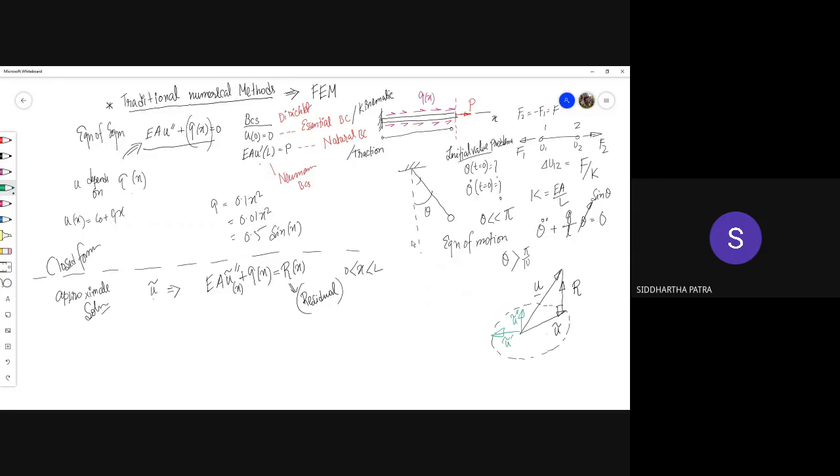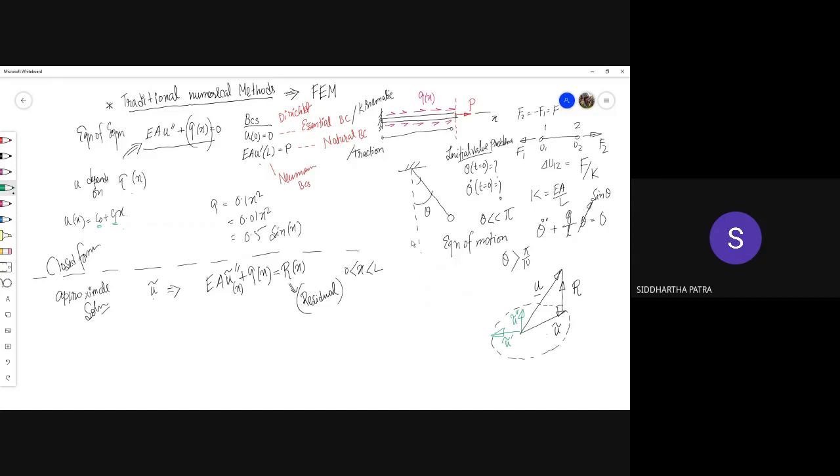So since I'm already working in a smaller subspace, for example, with linear bar element in the subset of all linear functions, where clearly my exact solution doesn't belong to that subspace, then u tilde should be some C0 plus C1 x. But then my job is to find out the C0 and C1 such that this residual is minimum.